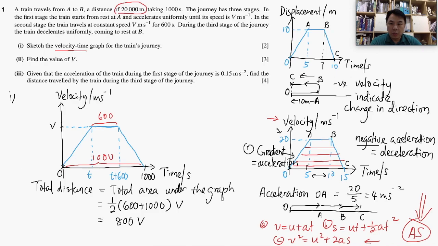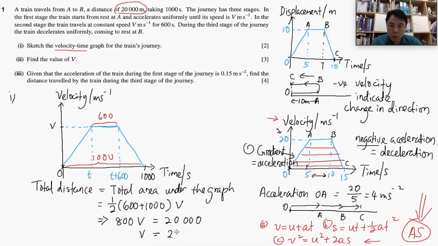Therefore, we can equate 800v equal to 20,000. By doing a bit of algebra manipulation, we should be able to reach the final conclusion regarding the value of v here.